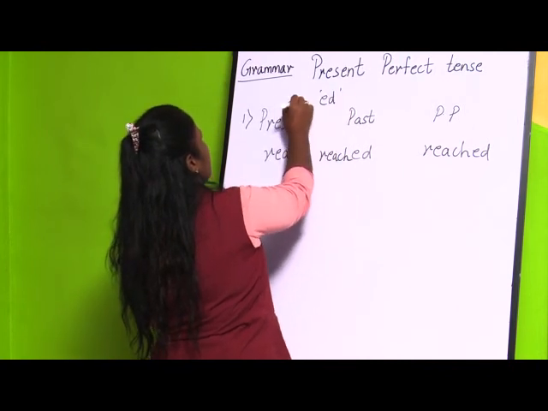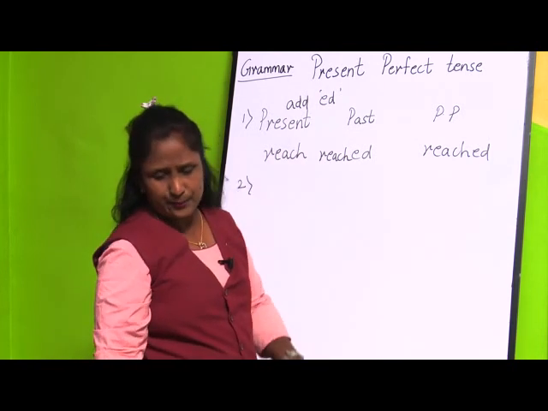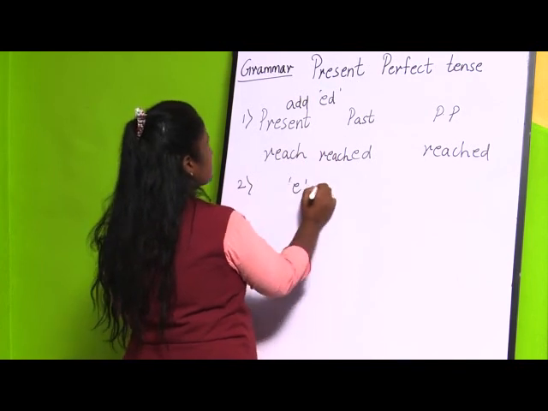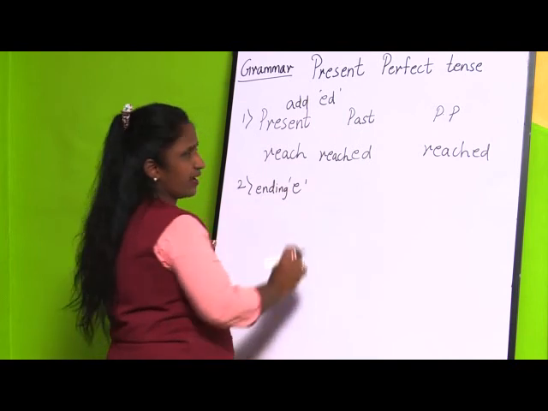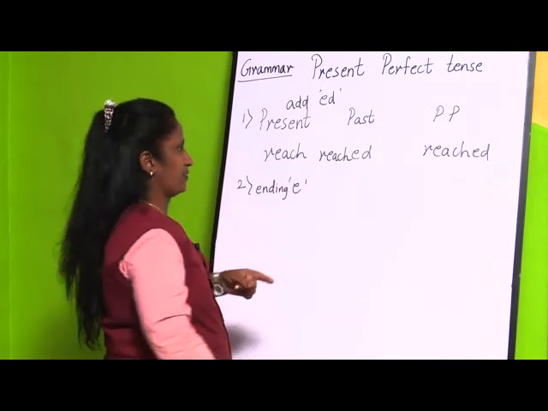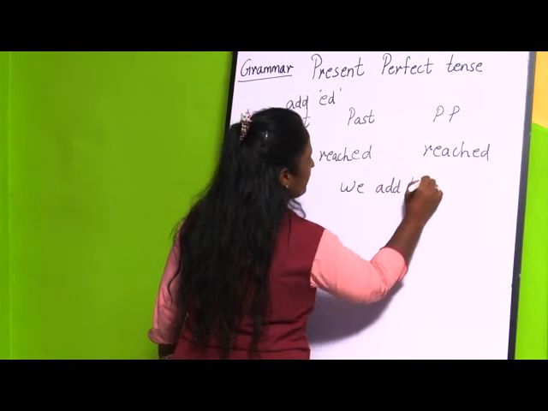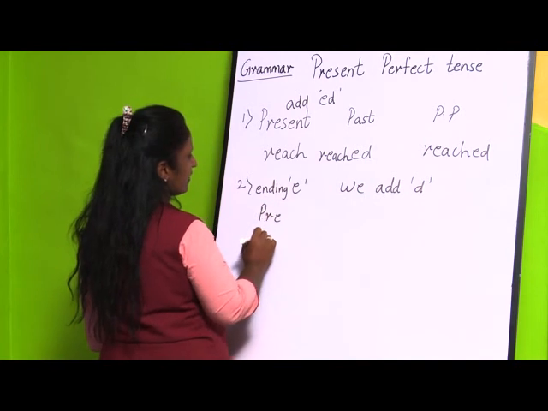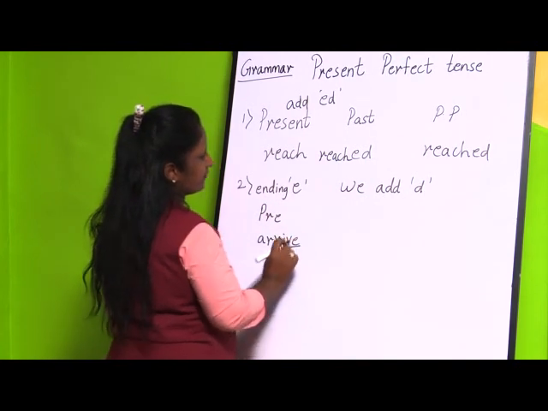Okay. Now what will be the second one? Second case is what? Suppose the word is ending with e, that time we add only d. For example, in present tense, if I take arrive, you see the word is ending with e.